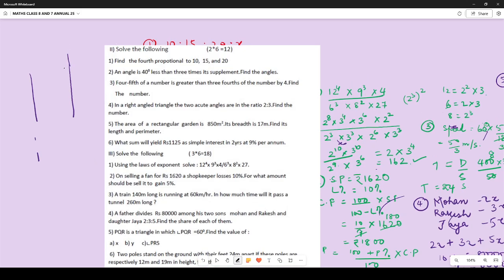Let us say these are the two poles. Sorry for making it. The distance between them is 24 feet. That is how far they are from each other. This is 12 meters high and this is 19 meters high, right?